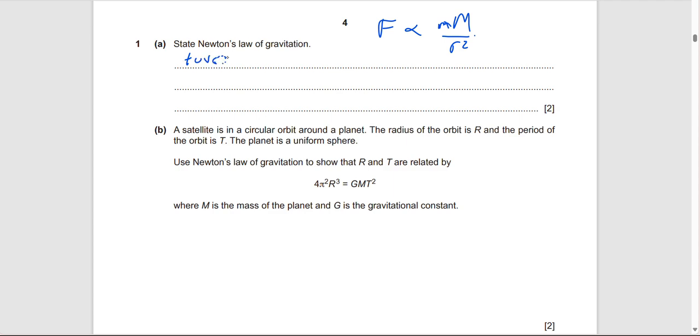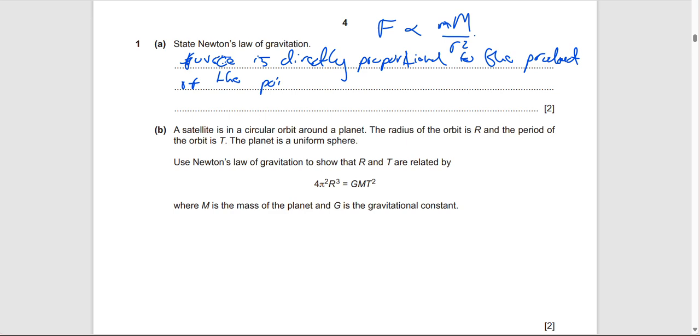So force is directly proportional to the product of the point masses and is inversely proportional to the square of the separation.